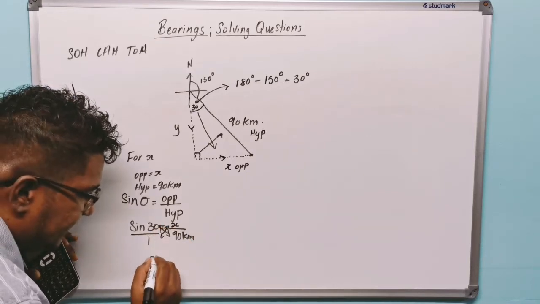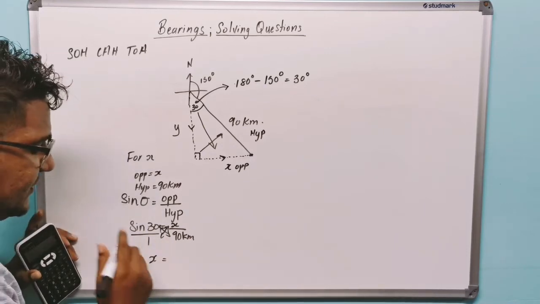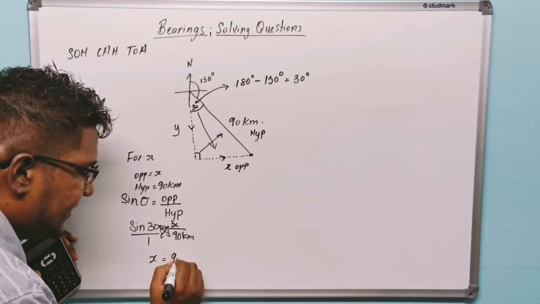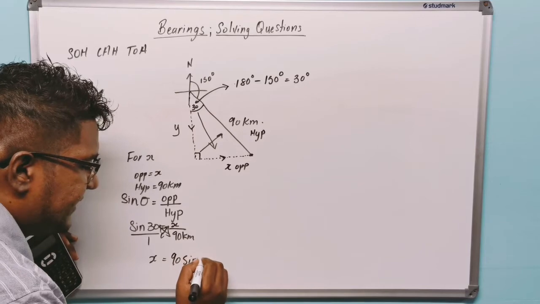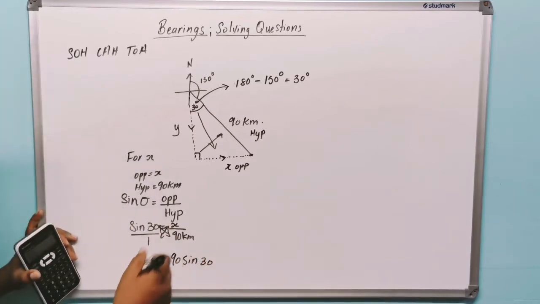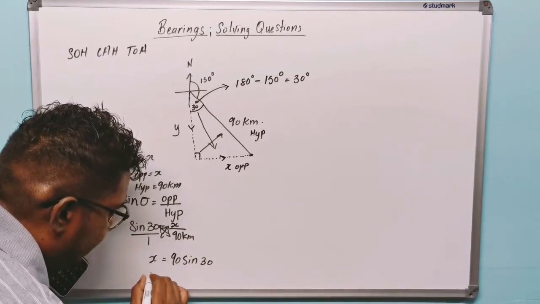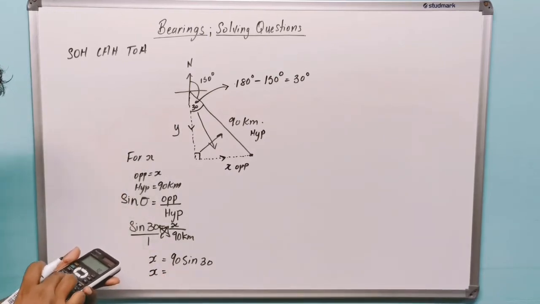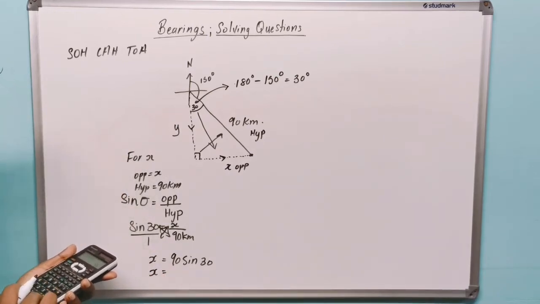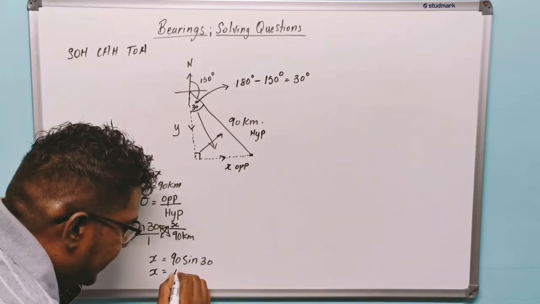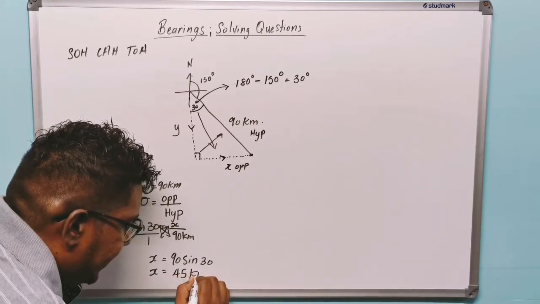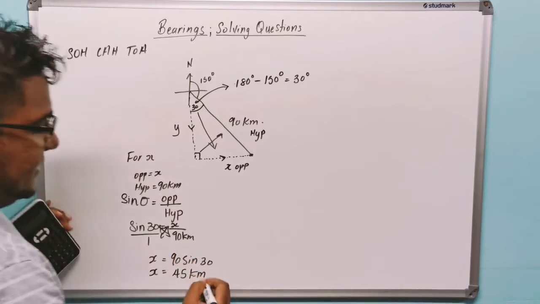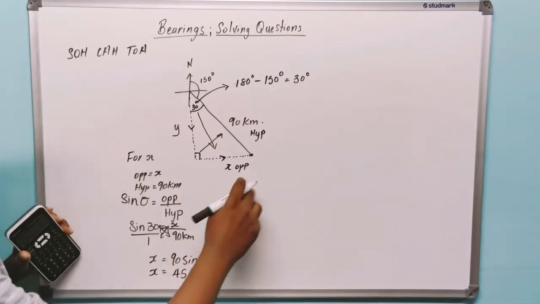X times 1 is going to give me x, and 90 times sine 30 is going to give me 90 sine 30. Using our calculator, x is equals to 90 sine 30, and that's going to give me 45 km. So this is the distance traveled east.